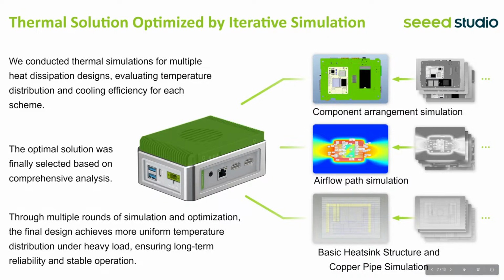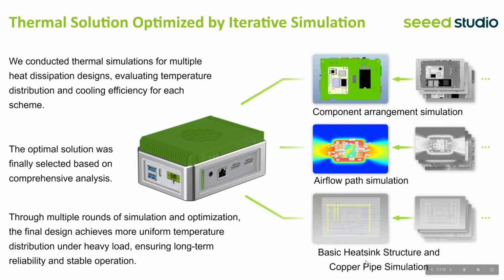So what we have done is radiator structure and copper tube layout optimization, PCB device layout optimization, and airflow path optimization. Each solution was analyzed for temperature distribution and cooling efficiency, which led us to find the optimal thermal solution.